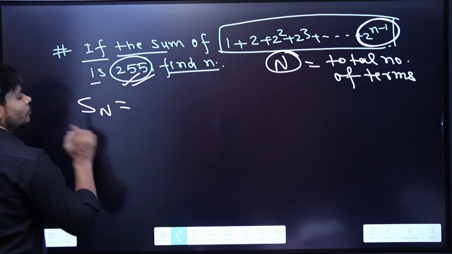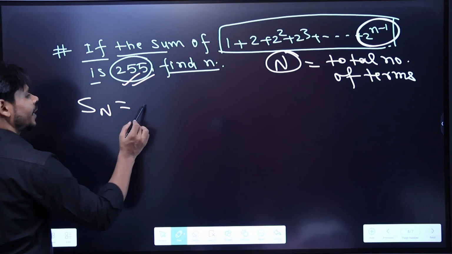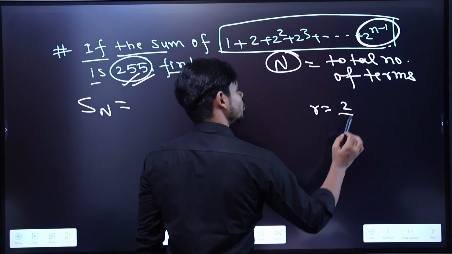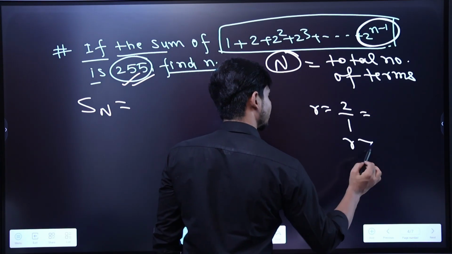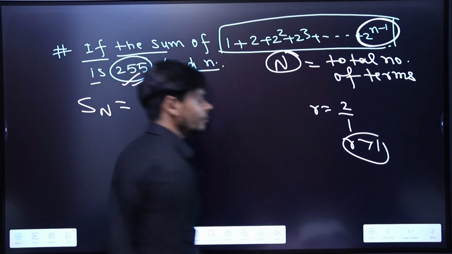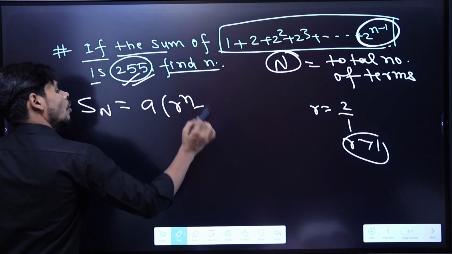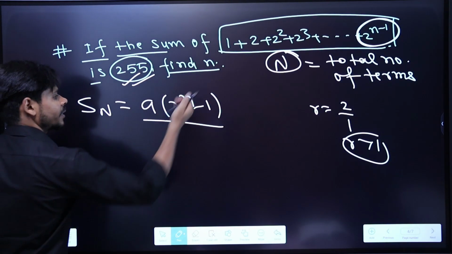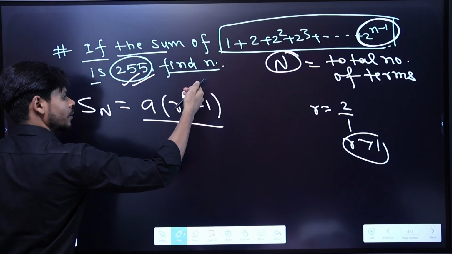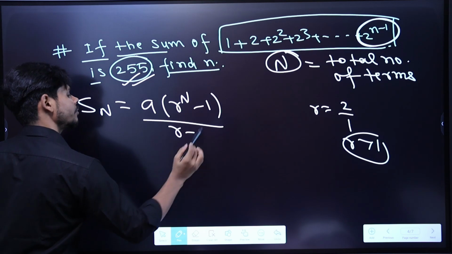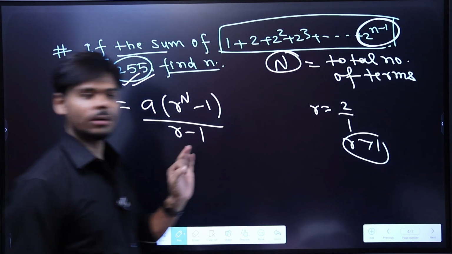Now, which formula am I going to use? R will be A2 divided by A1, which is greater than 1. If R is greater than 1, then I am going to use the formula of summation like this, with capital N, and it will be R minus 1. I hope you got it.